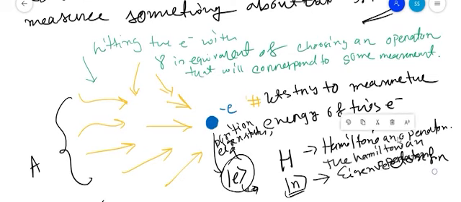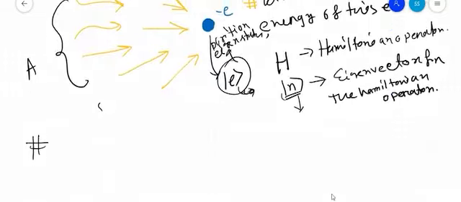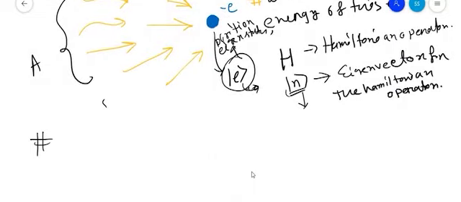So if you want to know the energy of the N state, that is this N which corresponds to this electron over here, all you need to do is apply this Hamiltonian over N, and it will spit out some energy.